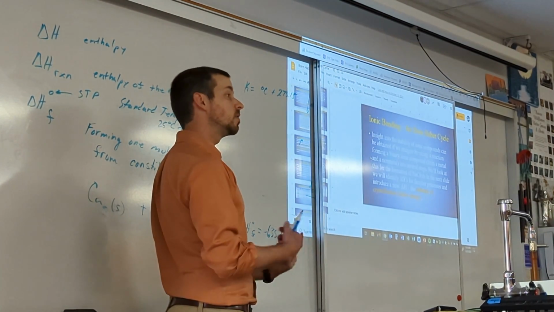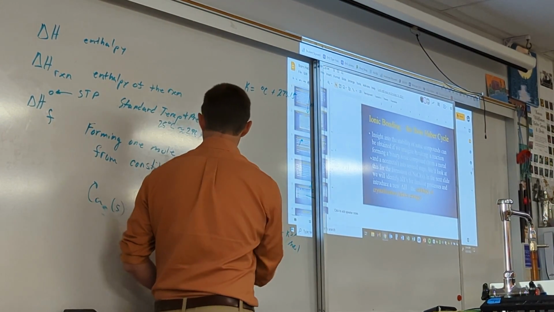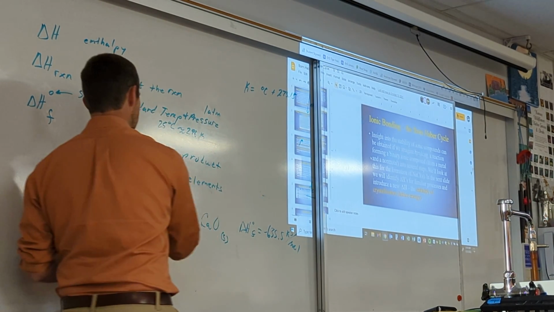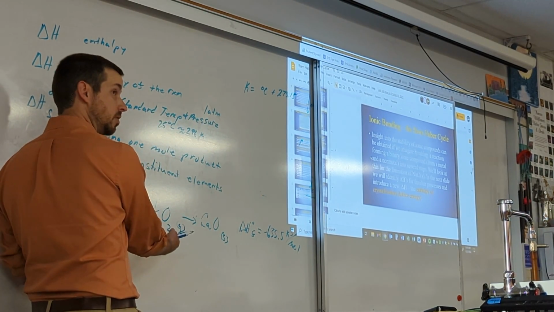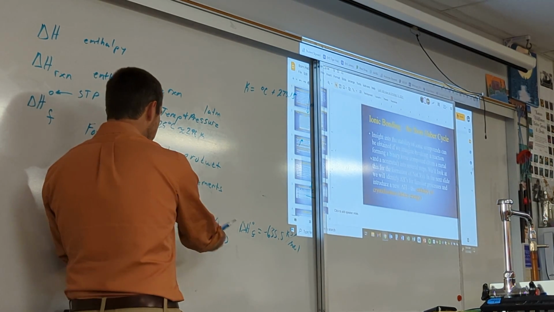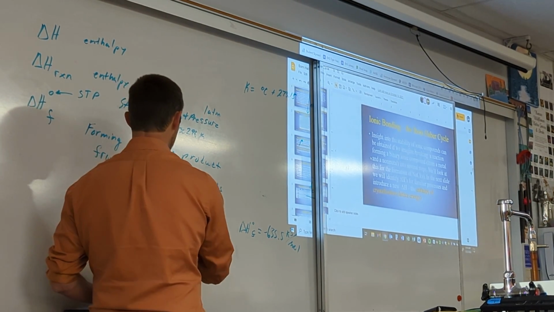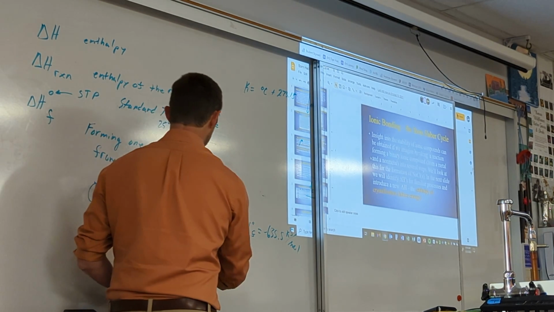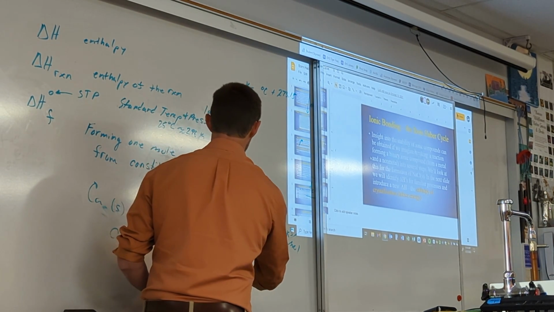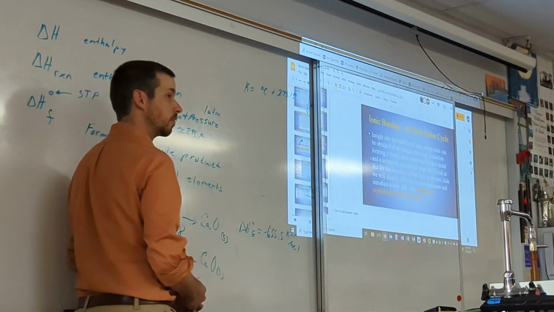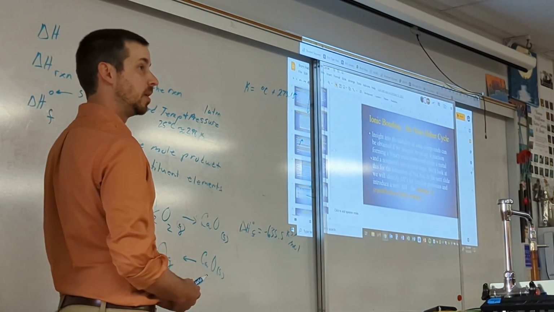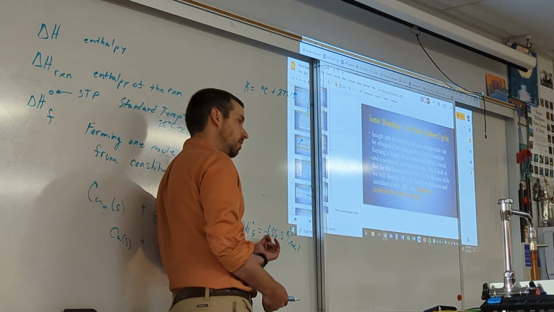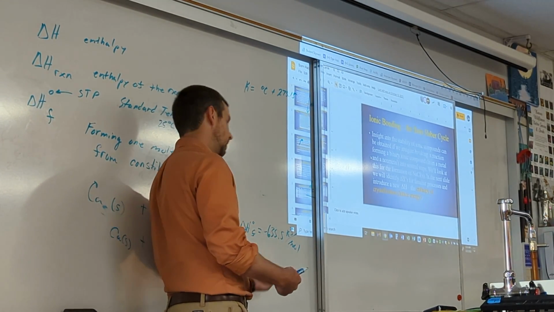If I need to reverse the process, let's say I wanted to take calcium oxide and form calcium and oxygen atom, so the actual dissociation of molecular oxygen just to form the oxygen atom, how much energy would that require to reverse that process? The same amount, but positive. That means you'd have to be endothermic, so it would have to be a positive value to make it go this way.